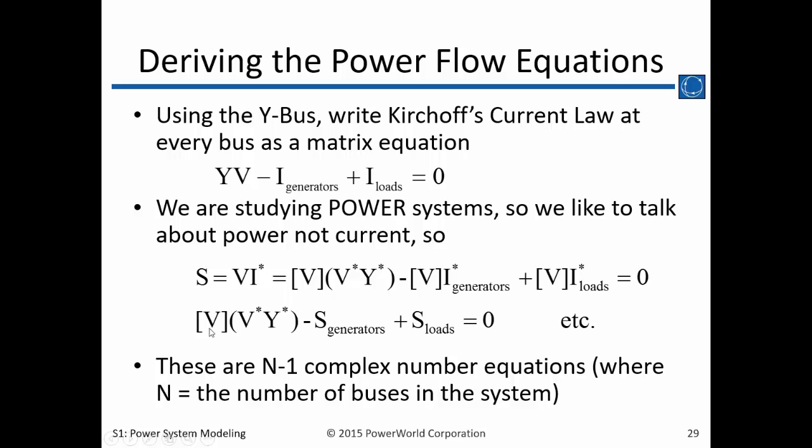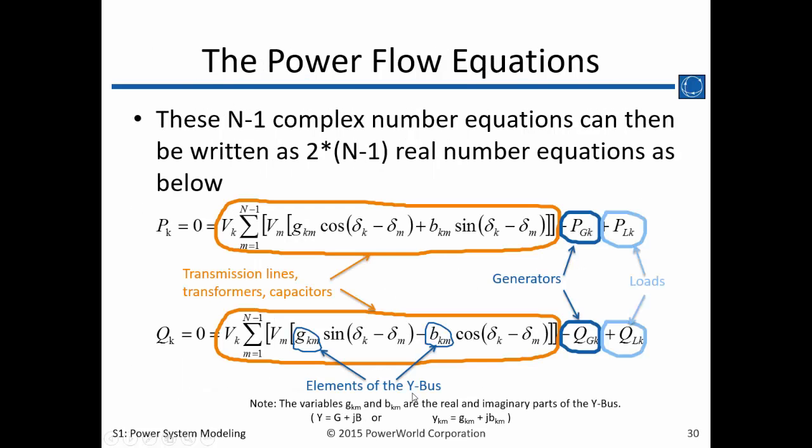Simplifying this down, we get voltage times the admittance matrix minus the complex power of the generators plus the complex power of the loads, which is what we're used to providing, so it greatly simplifies the equations to talk about power instead of current. There are n-1 complex number equations, where n is the number of buses in the system.